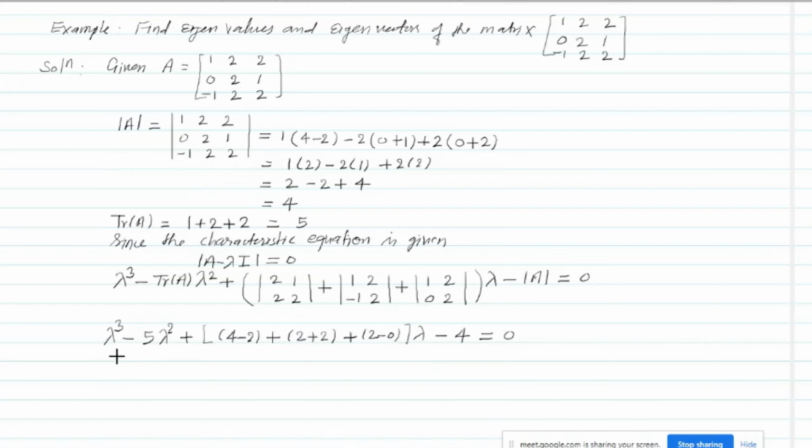Further simplifying, you will have lambda cubed minus 5 lambda squared, plus 2 plus 4 plus 2, which is 8, so write down 8 lambda.